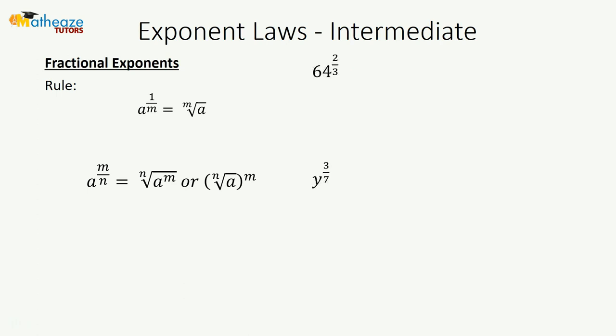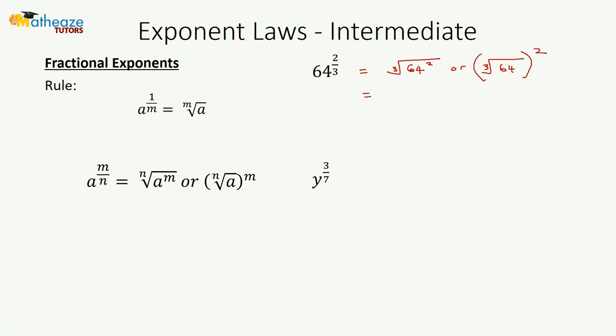Now let's look at instances where we have a numerator that is not 1. So we apply the rule. The denominator is the root, so we have a 3 here, 64, or you can write it this way, the root of 64, and then you can square it.